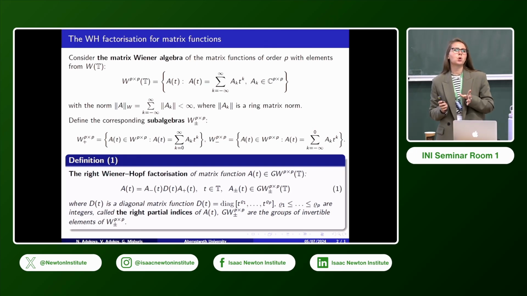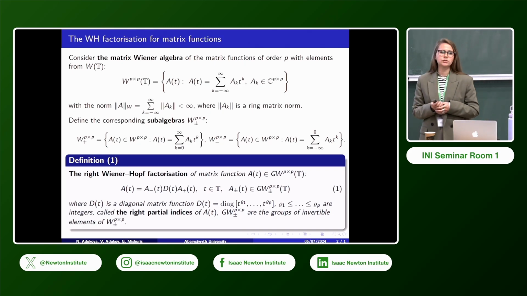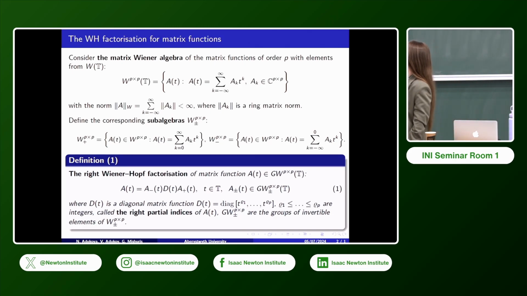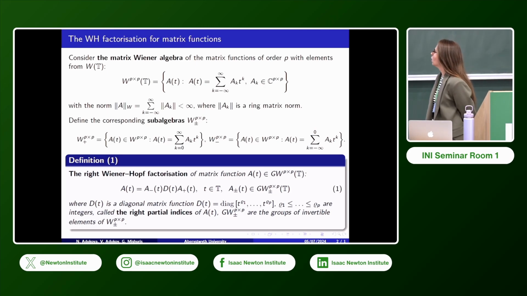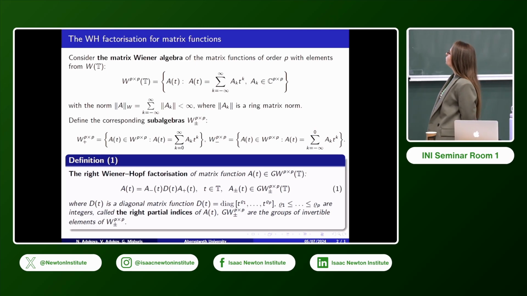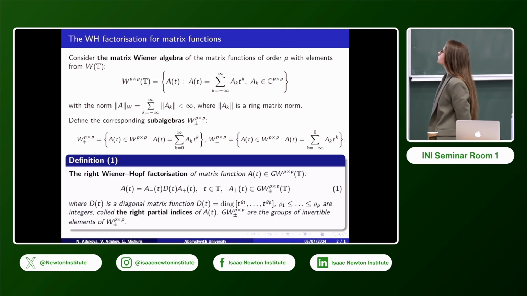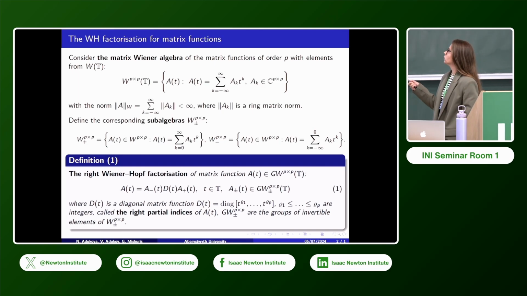It consists of all continuous functions that expand into an absolutely convergent Fourier series on the unit circle. So the matrix Wiener algebra consists of matrix functions of order P with elements from the Wiener algebra that expand into an absolutely convergent Fourier series on the unit circle.